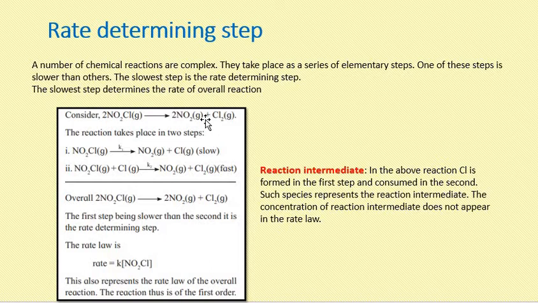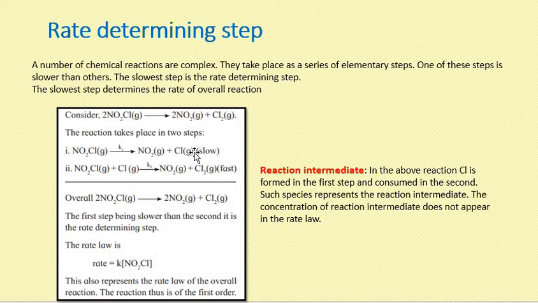This is a complex reaction and it happens in 2 steps. In step 1, NO2Cl decomposes to give you NO2 and atomic chlorine. This atomic chlorine will again participate in a reaction and combine with NO2Cl to give you NO2 and Cl2. The first step is the slow step and the next step is the fast step.